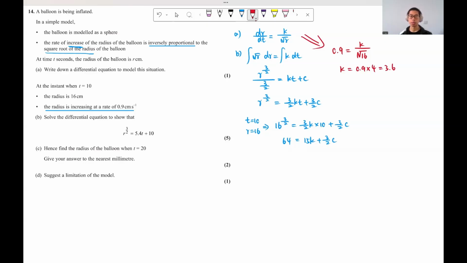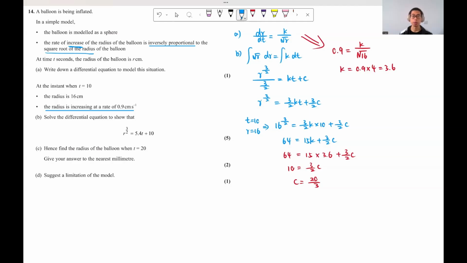So now we know what k is, substitute in. So 64 equal to 15 times by 3.6 plus 3 over 2c. So then 64 minus 15 times 3.6, which is 10, equal to 3 over 2c. So c has to be times 2 for both sides and divide by 3, 20 over 3.